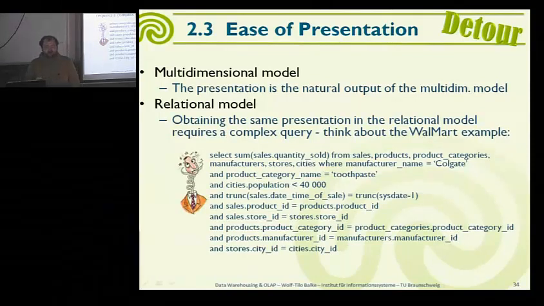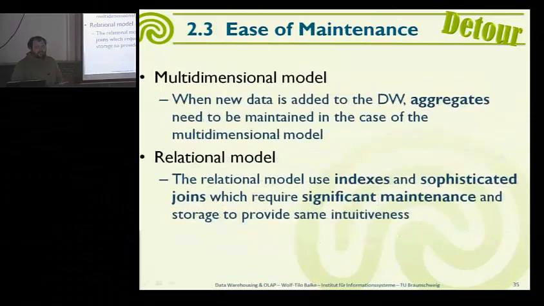So in the multidimensional model, the presentation is natural output, because you just take the measure that you need. Relational model, 7-way query, terrible, right? Hard to write, hard to maintain, hard to check for correctness, takes very long to execute. Good.